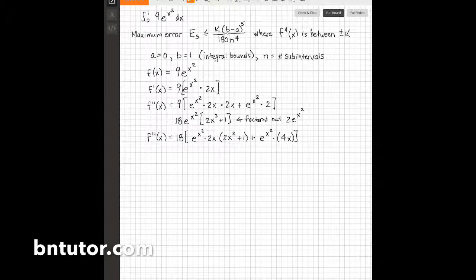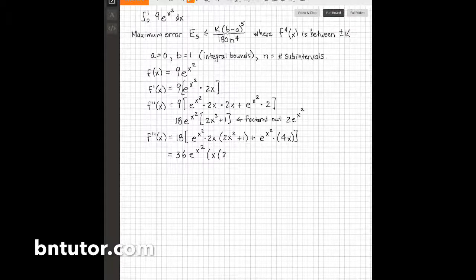We'll do another simplification here by factoring out a 2e to the x squared, the same as we did in the last derivative, so that our first term on the outside now is going to be 36 times e to the x squared, and on the inside we're left with the result.